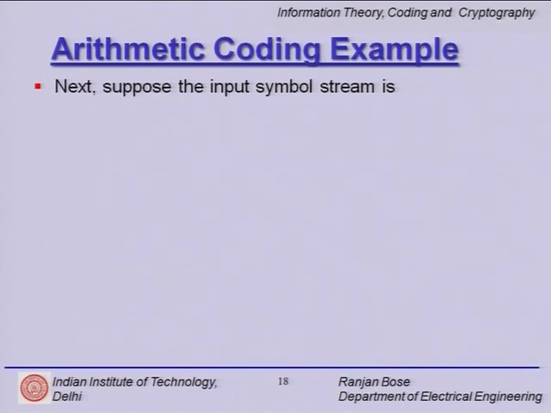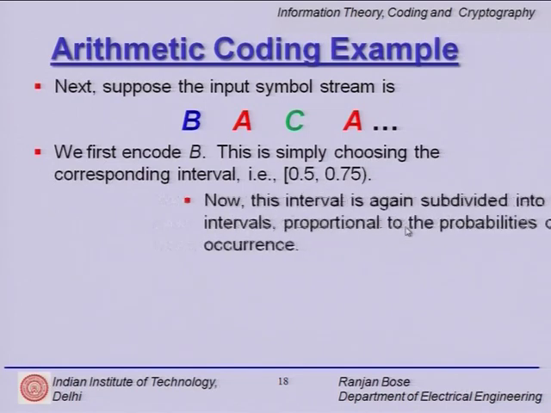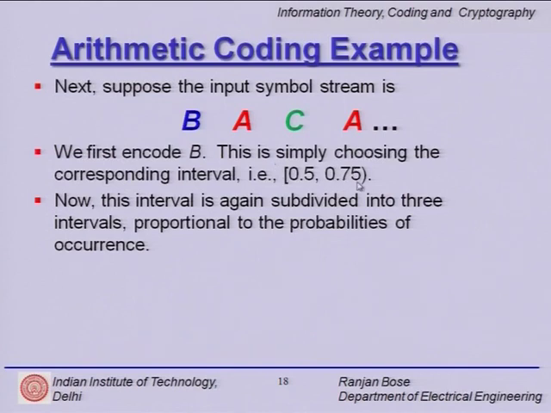Now, let us continue with our example. Suppose the bit stream to be encoded is BACA. So, B comes first, so we focus our attention on B. Since B has come, B lies between 0.5 and 0.75. We scale up this 0.5 to 0.75, stretch it up, and use this as the real estate to divide further between A, B and C in the same ratios.